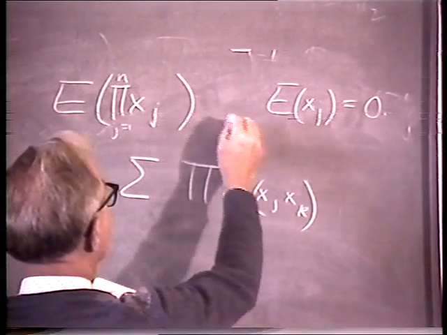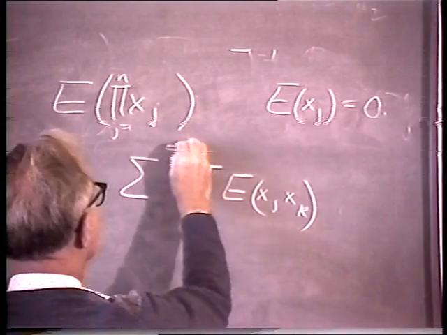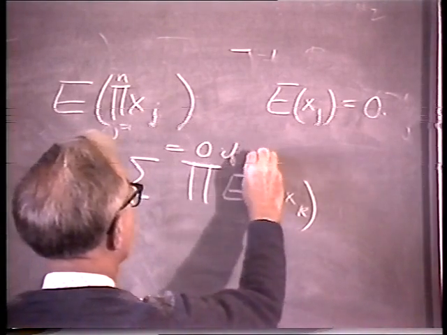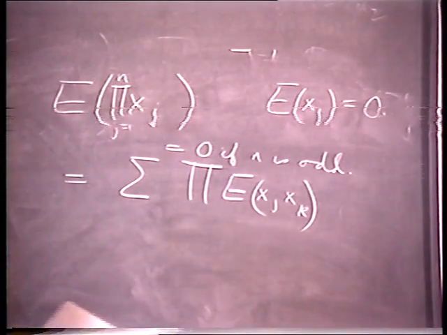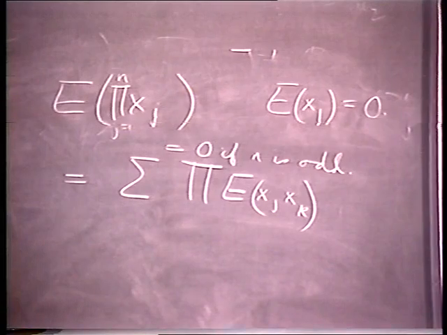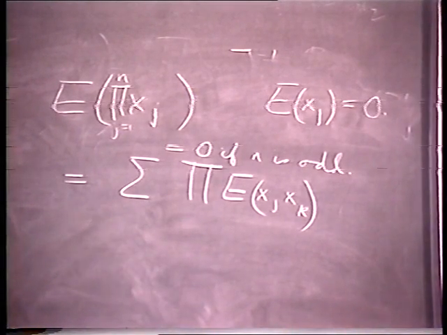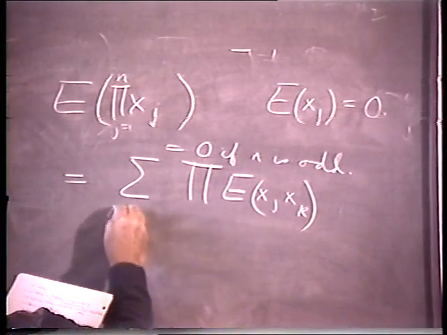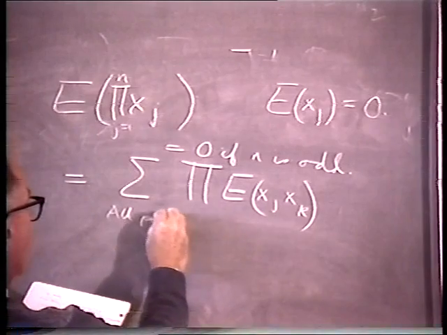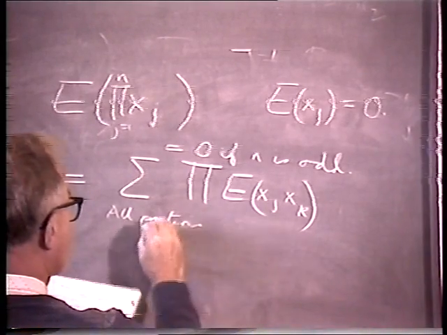What I should say is it equals 0 if n is odd, well-known property of normally distributed variables. But if n is even, then you take all partitions into pairs, so the sum is over all partitions into pairs.